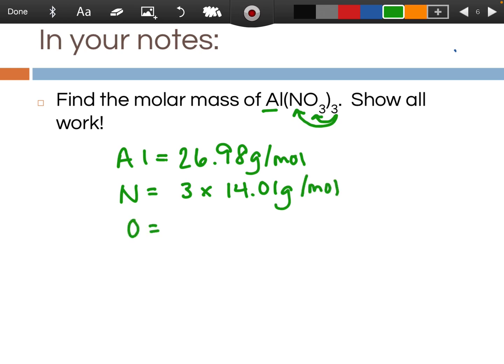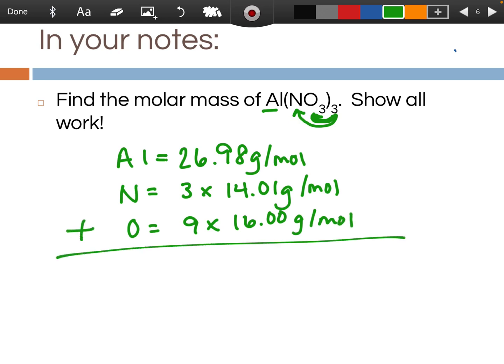And then oxygens, we actually have 9 oxygens because you multiply the number outside the parentheses by the number inside the parentheses. So we have 9 oxygen atoms, and each oxygen atom has a mass of 16.00 grams per mole. If we take all of those and add them together, we would end up with a molar mass of 213.01 grams per mole.